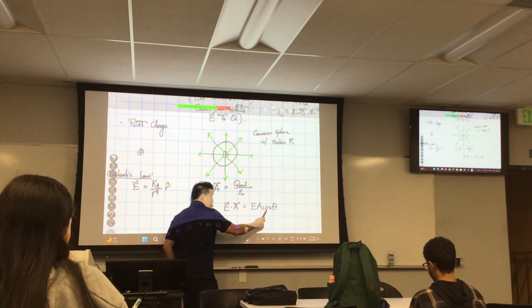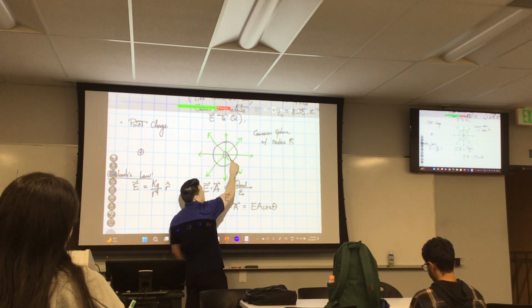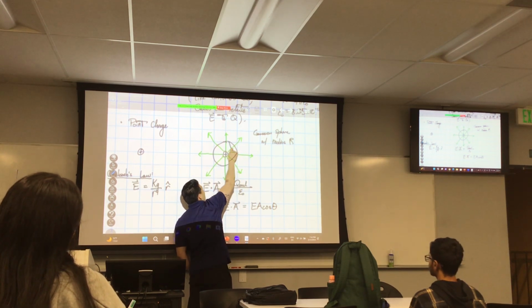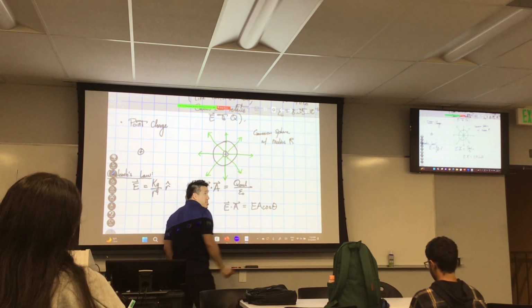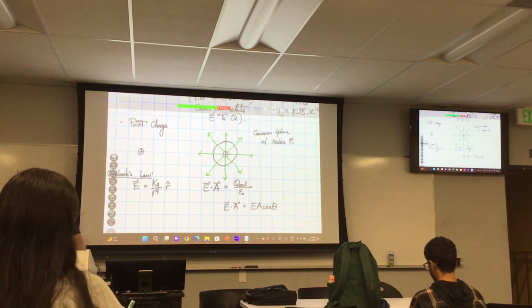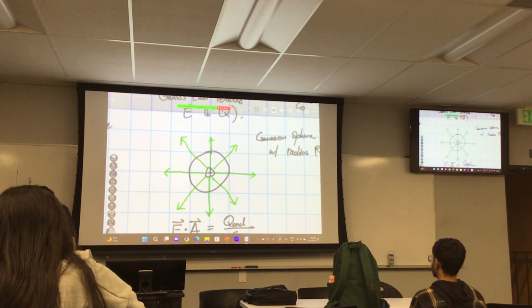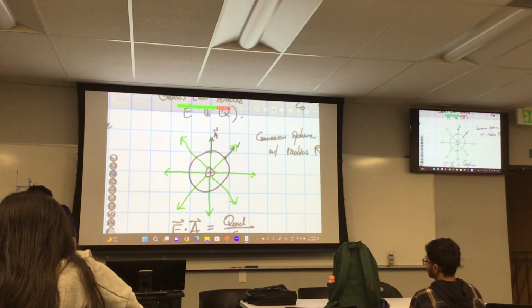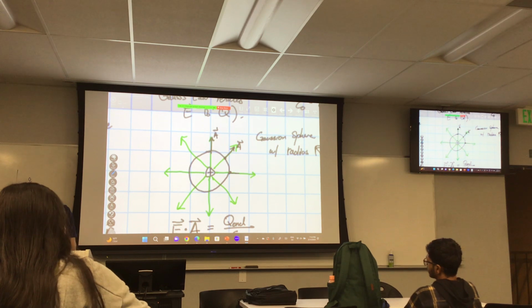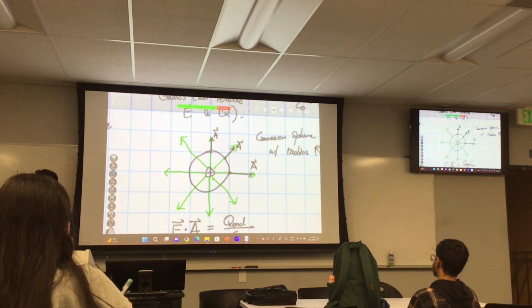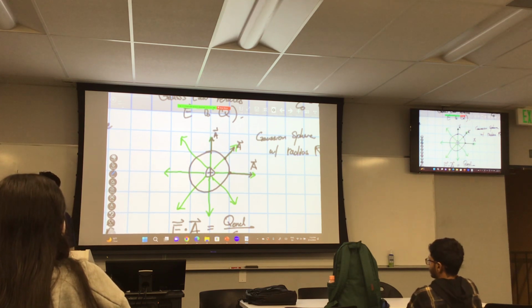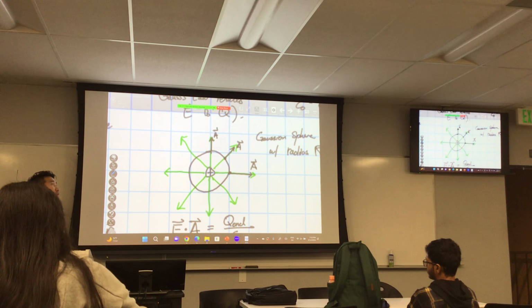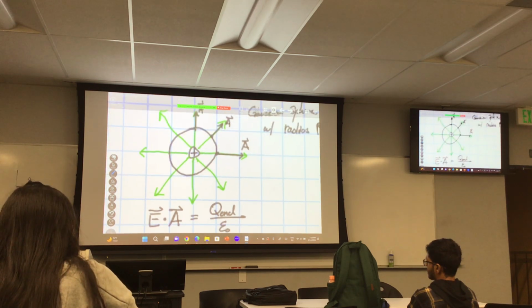What is theta? We use a sphere because regardless of where you are on the sphere, you have the same theta. So all of your areas are going to be like this, and at this point the area is going to be that. What is the angle between your area vector and your electric field vector?